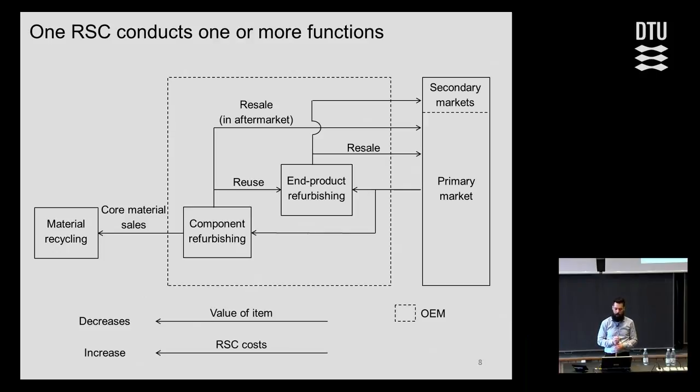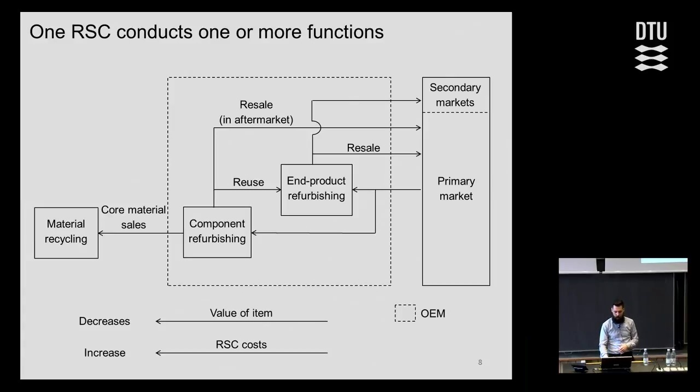Now the value of the item decreases as we go upstream, because if a product is refurbished as a full product, then that product will retain the value that's in the original assembly process. However, a component that is being refurbished is of lower value because it's not already inside a product.